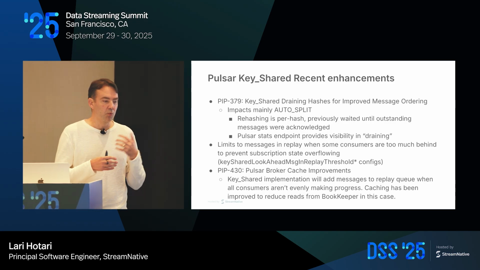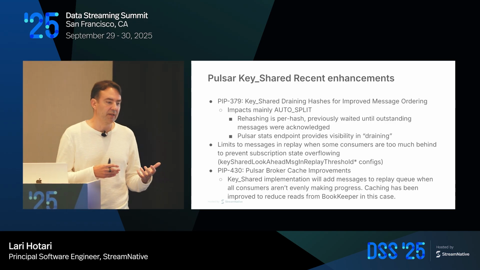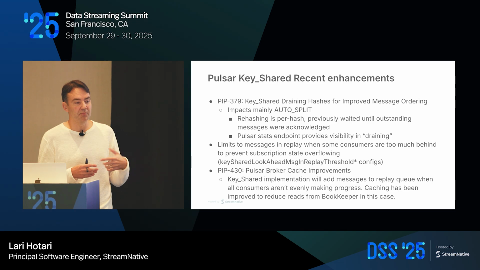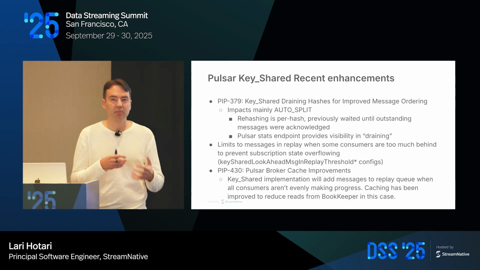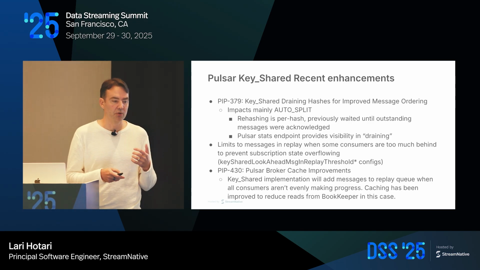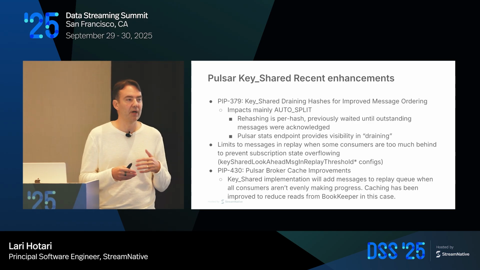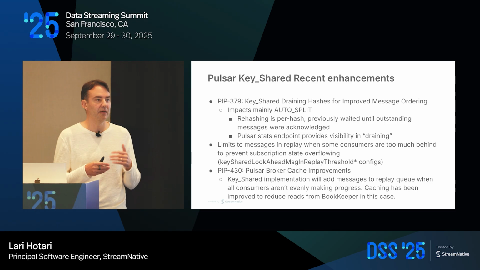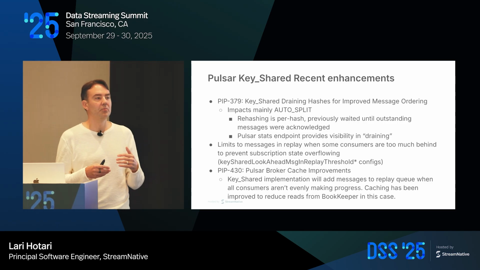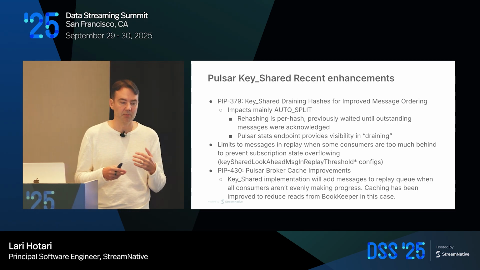And one of the other improvements in this PIP 379 is that for troubleshooting, you could use this stats endpoint to get visibility into this draining state. Like what are the hashes that are draining and what consumer is still pending the acknowledgement on those messages.